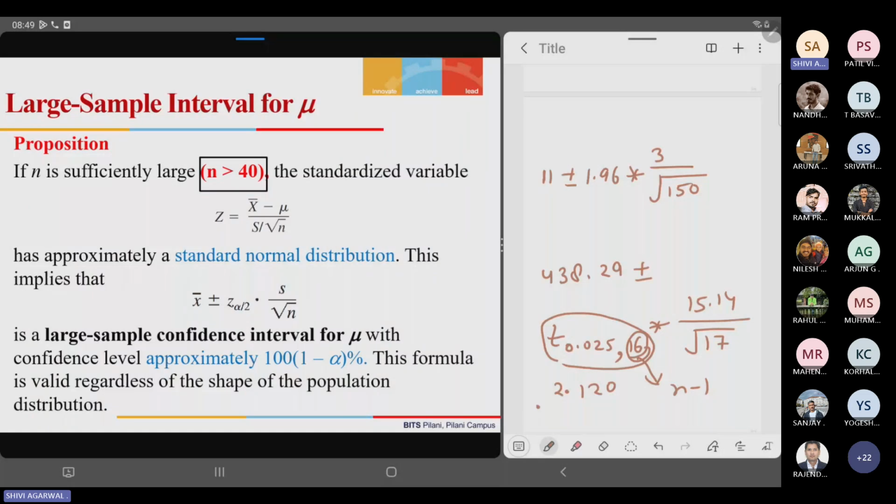It is the same here: if sigma is not known, we use S, but if n is greater than 40, then by the central limit theorem we use Z alpha by 2. It is the same formula as we did in the last class: X bar plus minus Z alpha by 2 S upon root n.